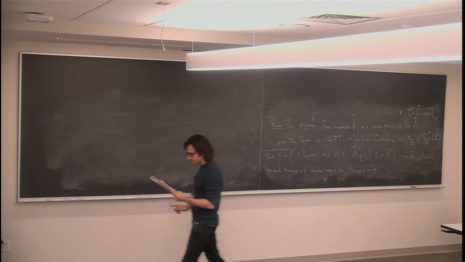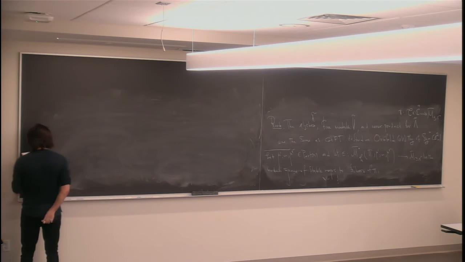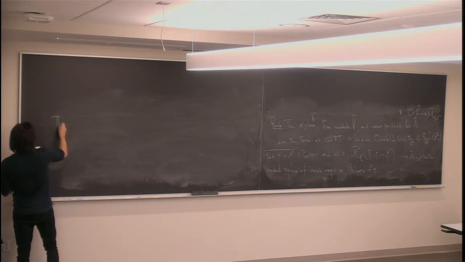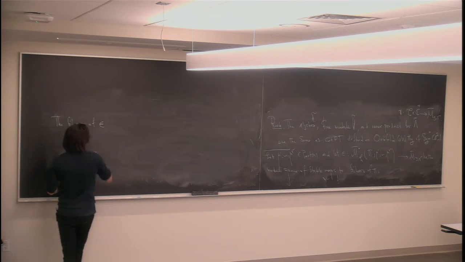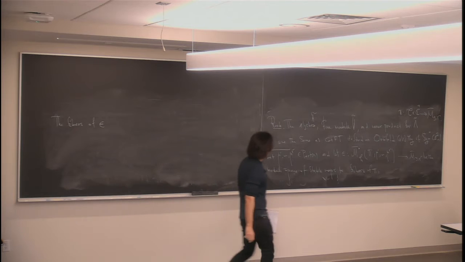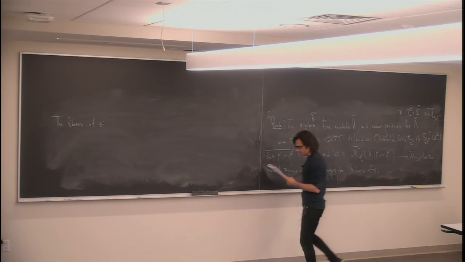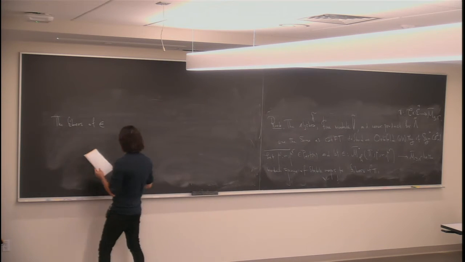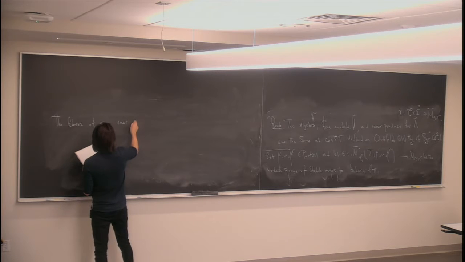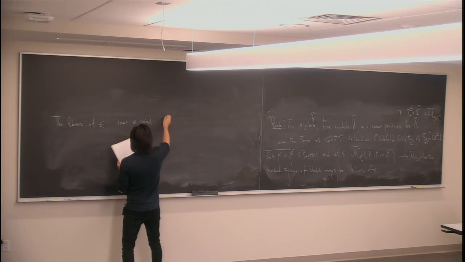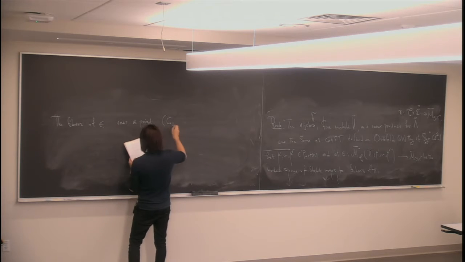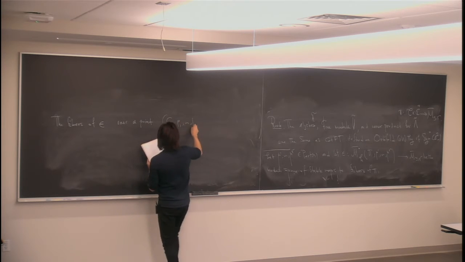So the fibers of epsilon, this map, over a point, let's call this point C together with r marked points.